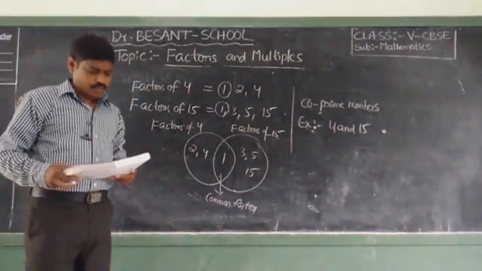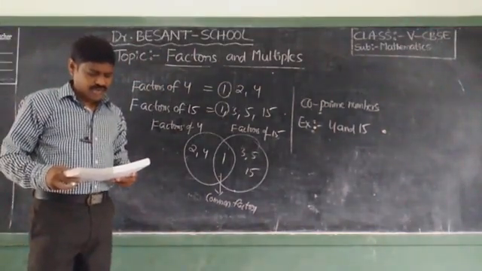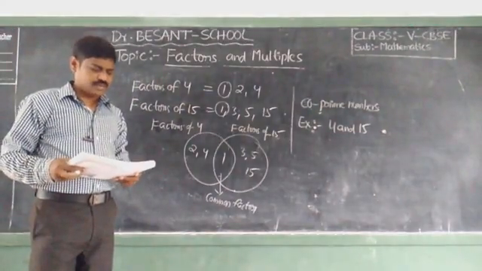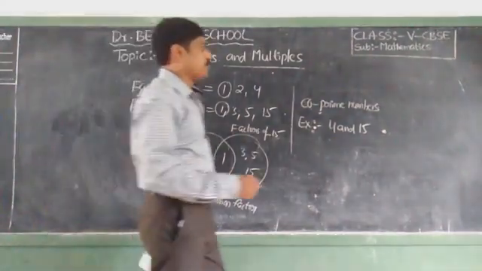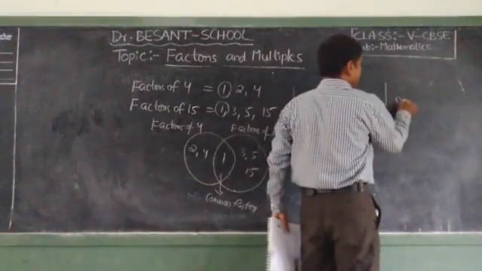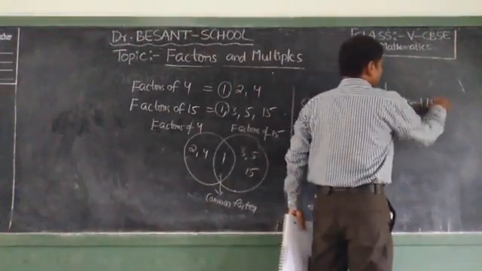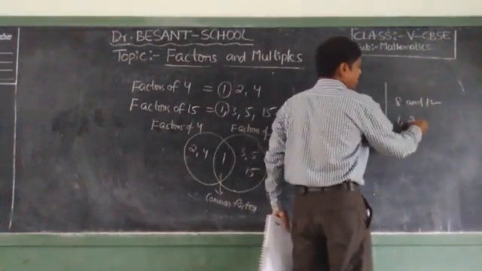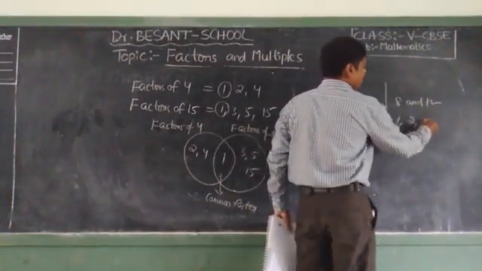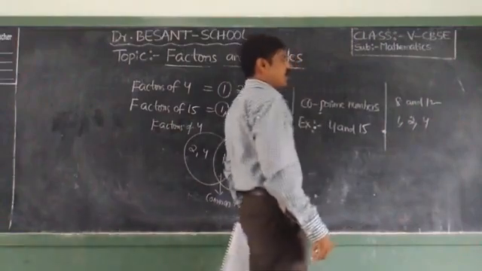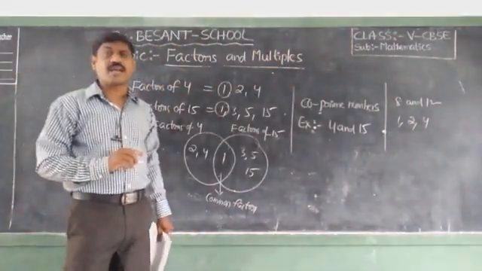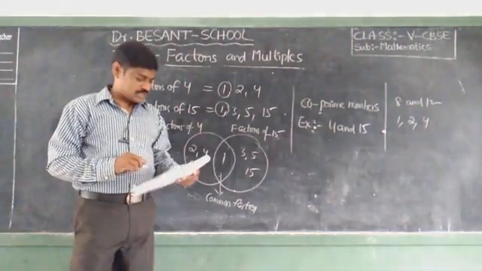Do 8 and 12 have more than one common factor? Observe here, 8 and 12. There is more than one common factor. 1 is a common factor, 2 is a common factor, 4 is a common factor. So that's why 8 and 12 are not co-prime numbers.